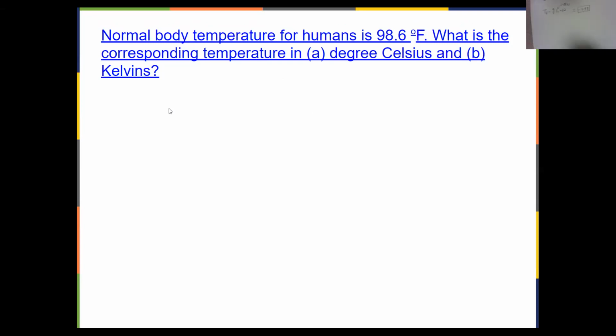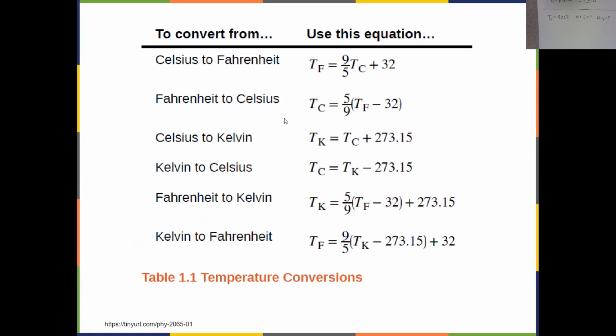This is the temperature in Fahrenheit given, so T_F equals 98.6. It's asking what will be the temperature in Celsius and the temperature in Kelvin. So you're going to go back and find those 2 equations that you would need.